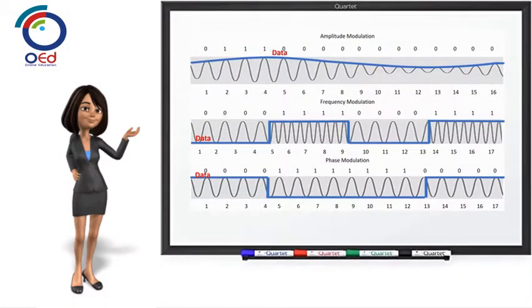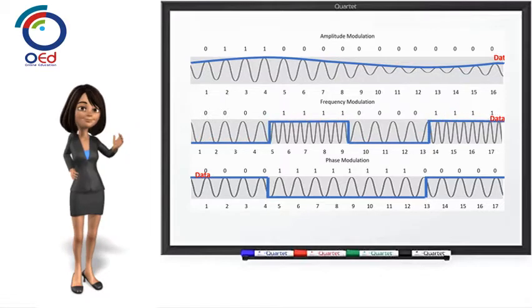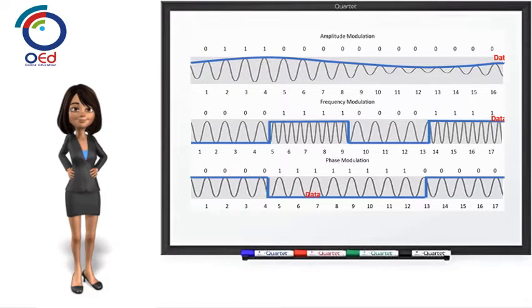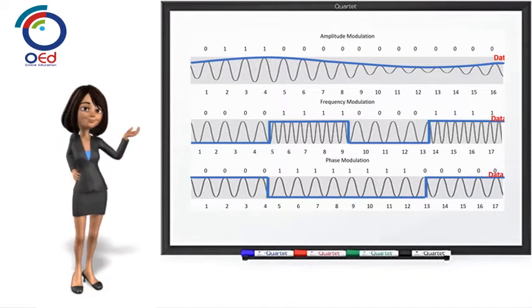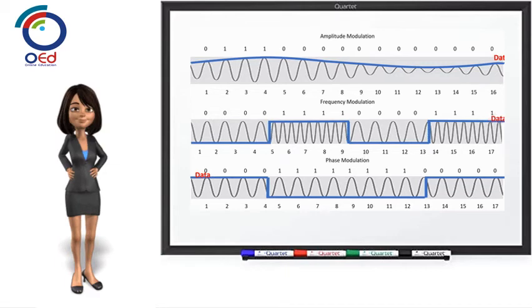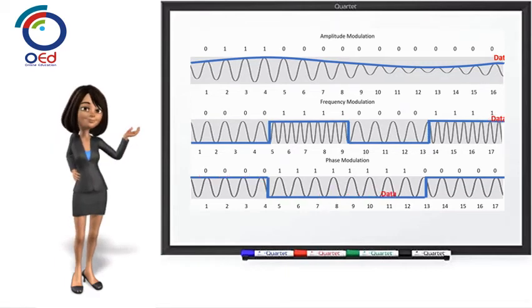Let's take a look at the chart. As you can see, there are three types of modulation here: amplitude, frequency, and phase modulation. The amplitude modulation slides like a roller coaster, showing the flow of data.